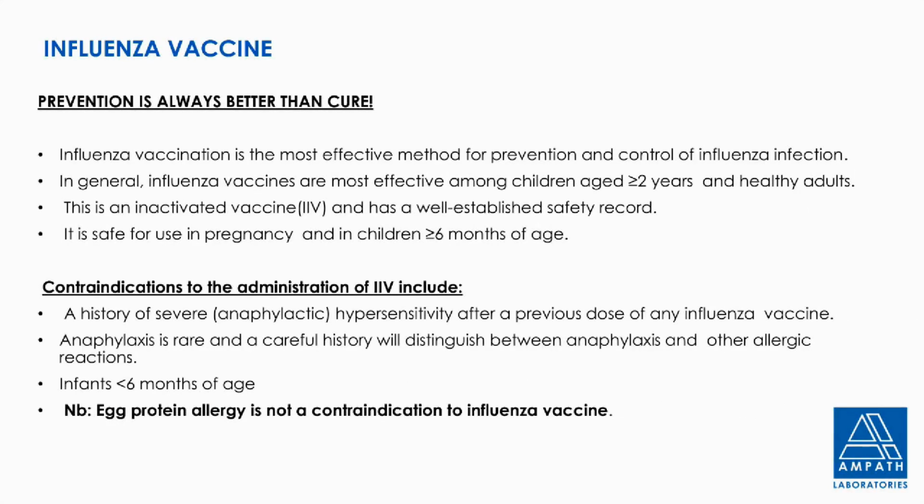Just to note here that the vaccine should be given to everybody, but an important point is that in your high-risk populations, in that list that I showed you earlier, we should always target those as first prize. But generally, for all children greater than 6 months of age and pregnant women, we should advise vaccination for influenza.